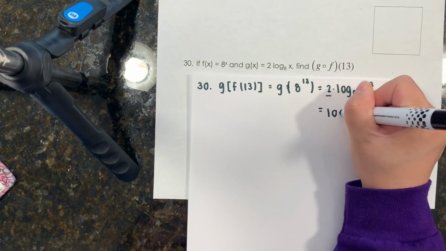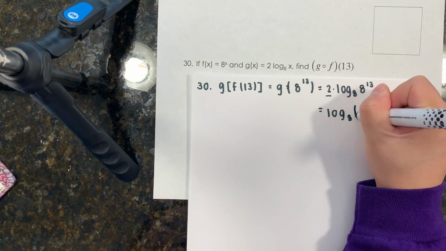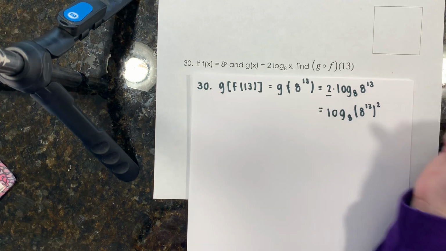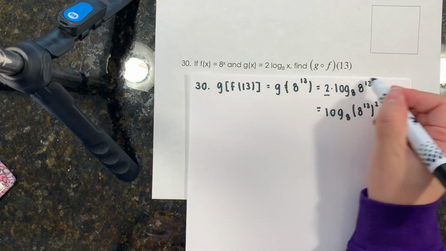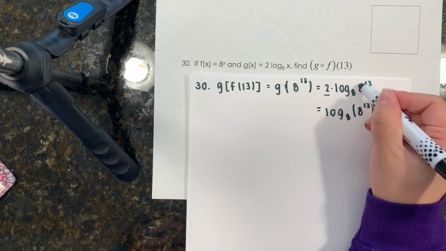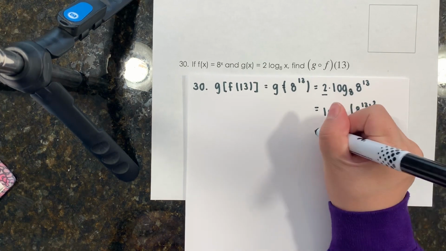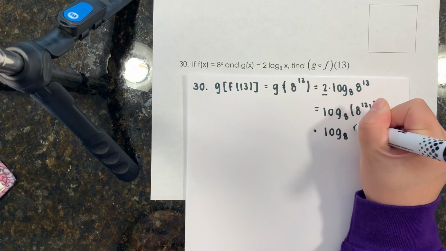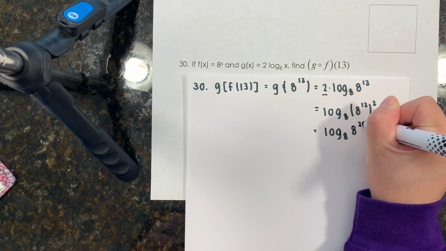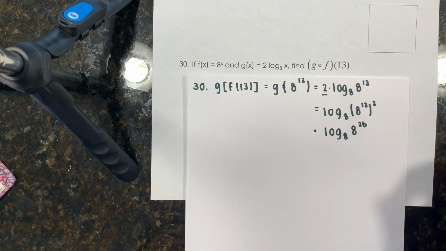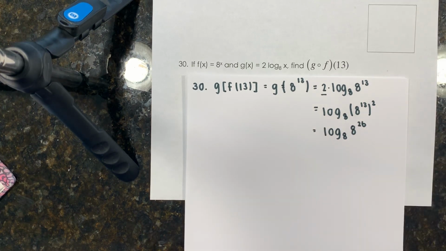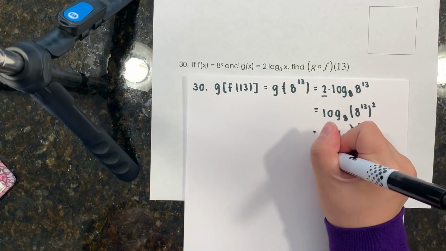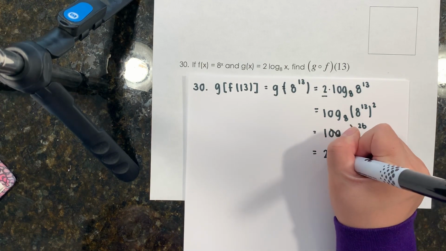So I would have log base 8 of 8 to the 13 to the power of 2. So that 2 goes to the power of the 8 to the 13. We do multiply those values, so you get log base 8 of 8 to the 26th power. Now what you should know is that if your log base and the base of your number next to it are the same, they actually cancel. So you are left with the result of 26.